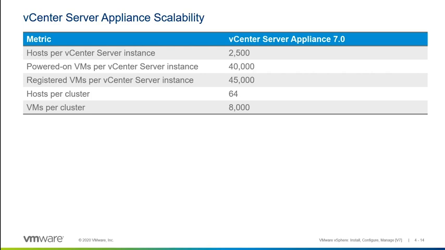In which case, we're going to use enhanced linked mode, okay? So up to 2,500 hosts with 40,000 powered on virtual machines. You can actually have up to 45,000 registered VMs with vCenter, but 40,000 it can keep track of in management, with 64 hosts in each cluster and 8,000 VMs per cluster. So that does it for us with the initial architecture of vCenter Server.